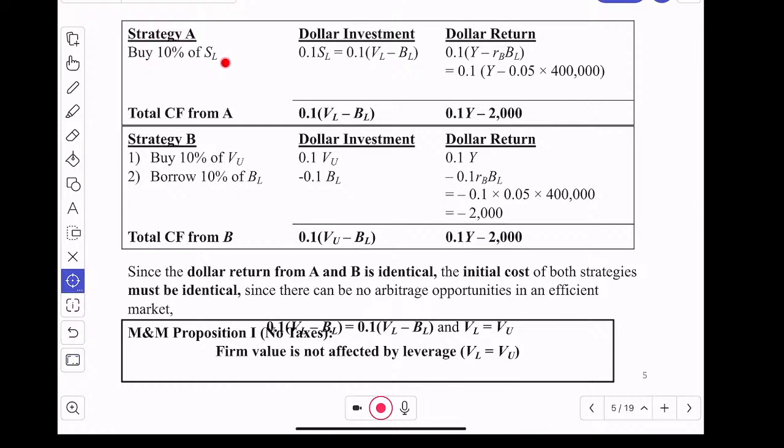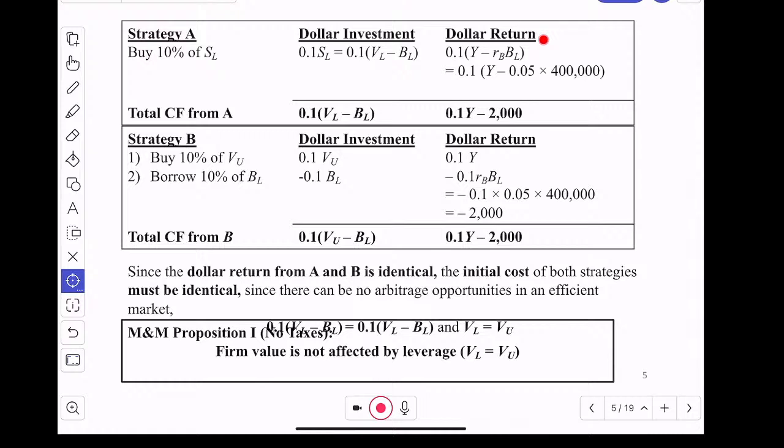So imagine there's an investor in the levered firm and they buy 10% of the outstanding stock. So here's their dollar investment. 10% of outstanding stock in the levered firm is 10% of V minus B in the levered firm. So that works out to this amount. That's their investment.